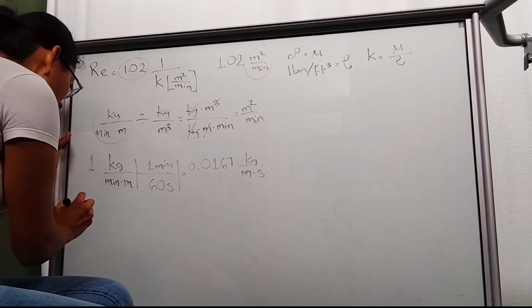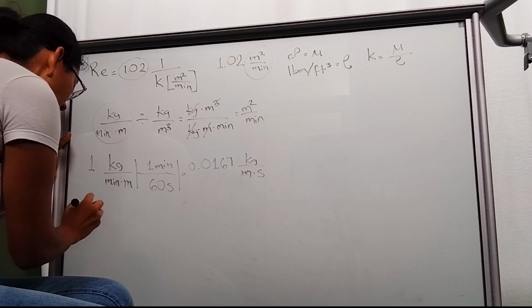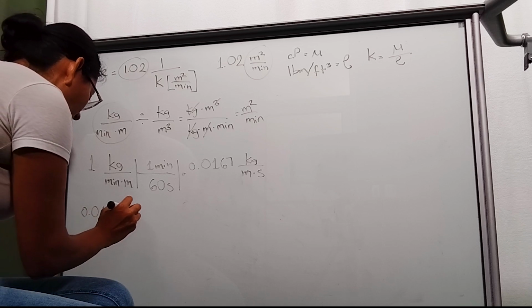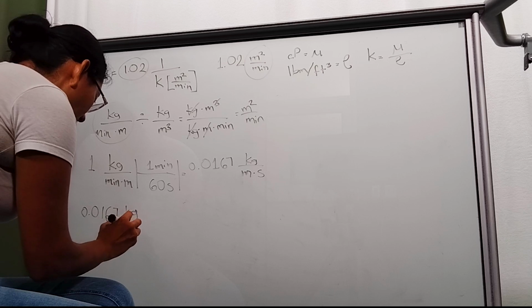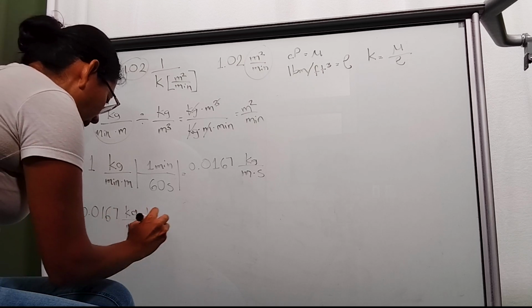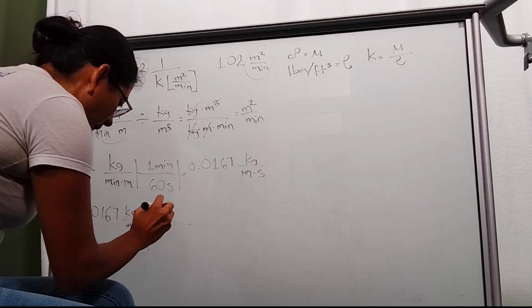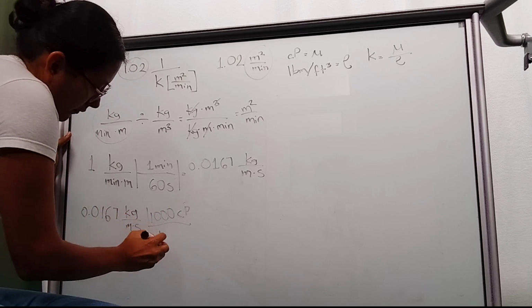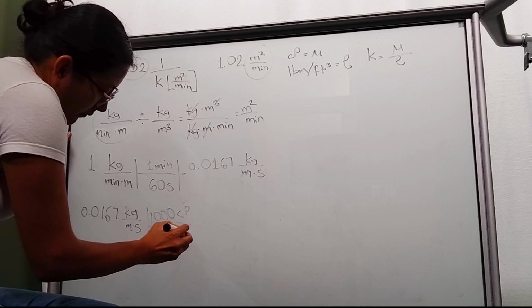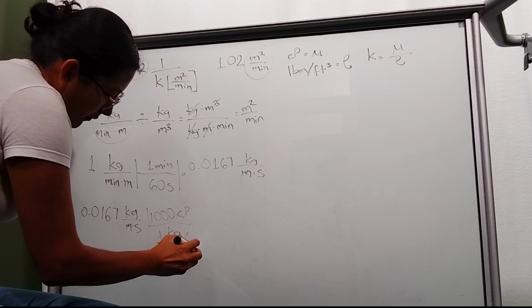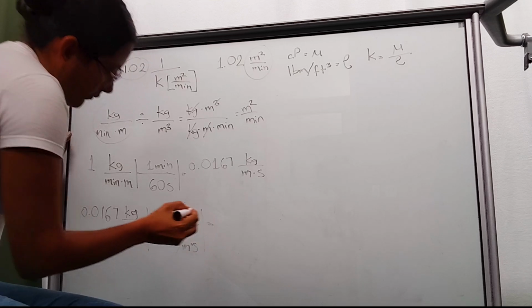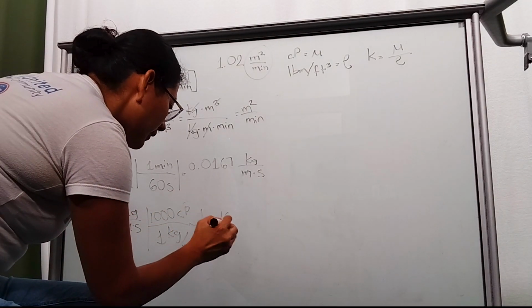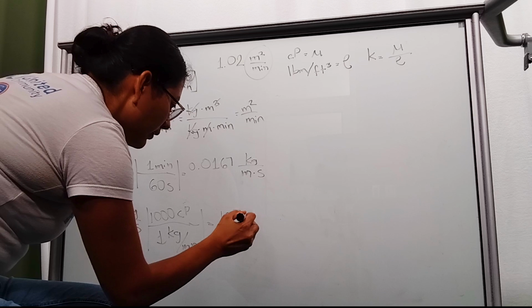So if we multiply by 1000, it will be 16.7 centipoise.